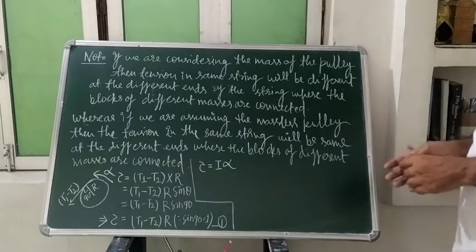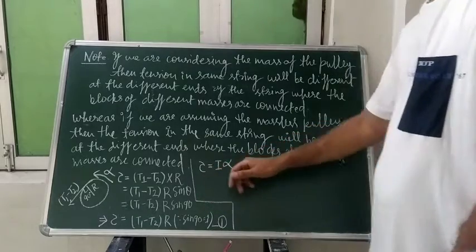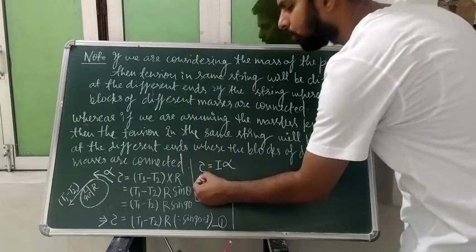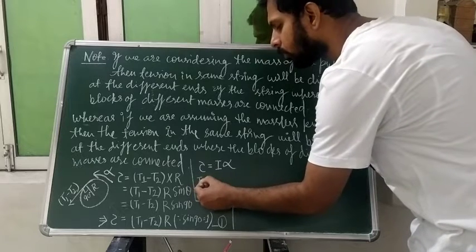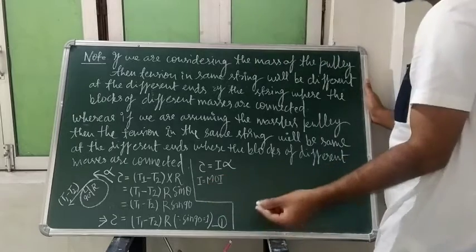These things we will study in rotational motion. So this torque should be equal to I alpha, where I is the moment of inertia.